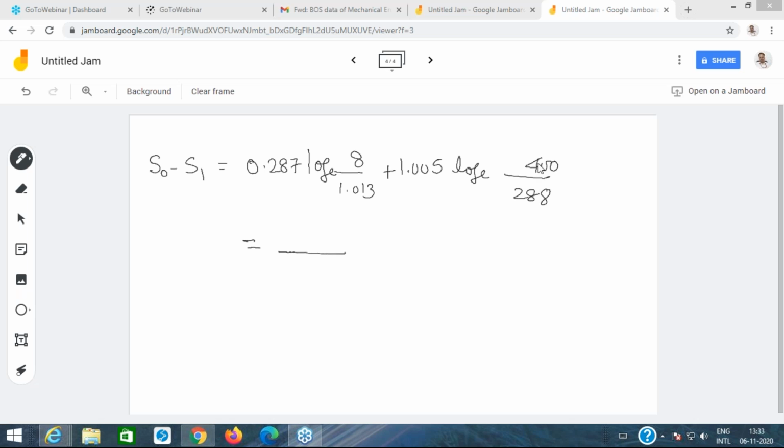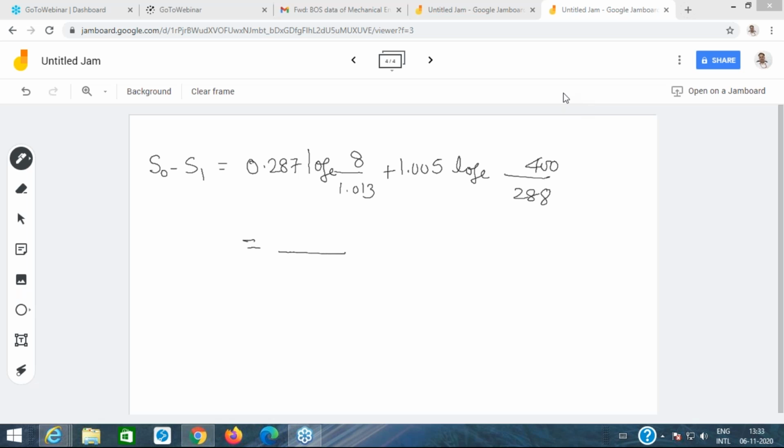Now she is writing 0.26. It is log with the base e, please note that. I don't know. Let us say that it is 0.26 and go ahead. So I'll just put it as 0.26.